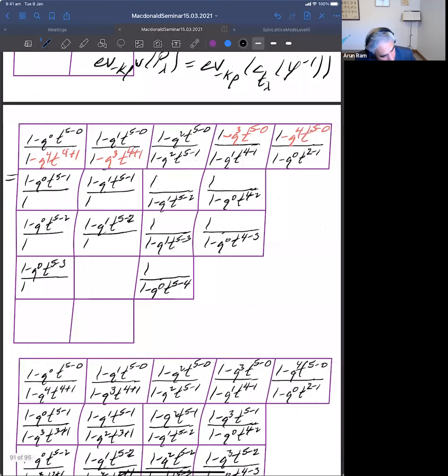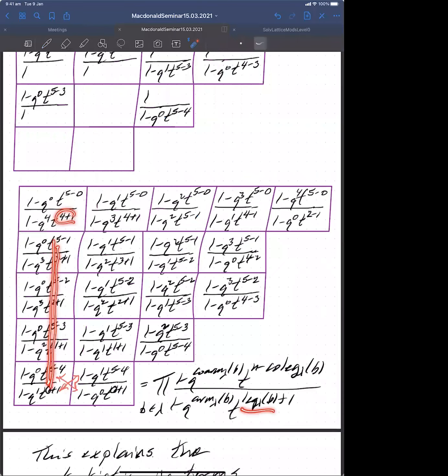So this length is this leg. Yeah, but what happens if this lambda 1 prime is not large enough? Say lambda 1, the number of boxes in the first row, is quite large. So you need to give higher powers of t, but you have fewer boxes in the first column. Then you have to incur some minus sign, right? And will the formula match?